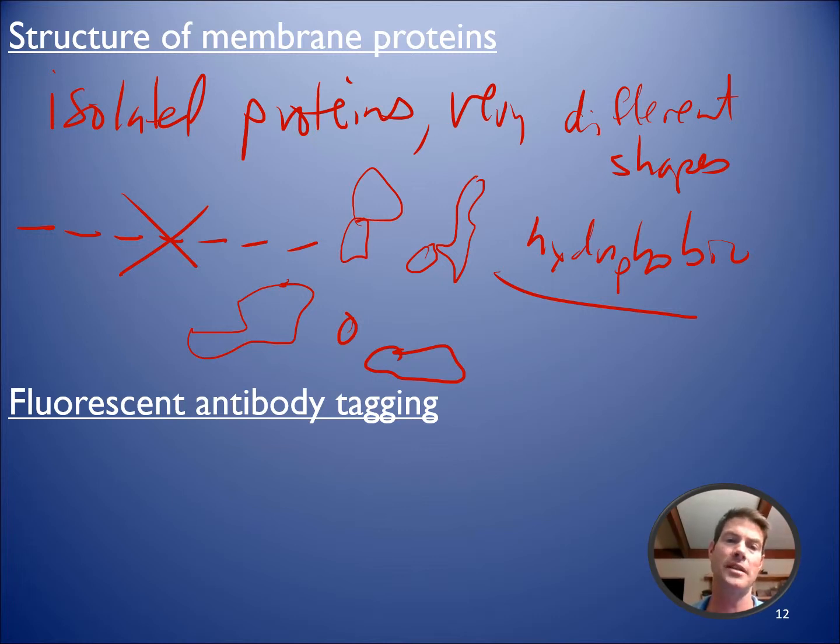And probably the coolest thing, they did this fluorescent antibody tagging. So they took a cell, they put all these, say, green fluorescent tag proteins here. They took all these purple fluorescent tags here, and then they just see what would happen over time. So I don't know exactly how long it was, 20 minutes, an hour, a day, I don't know.